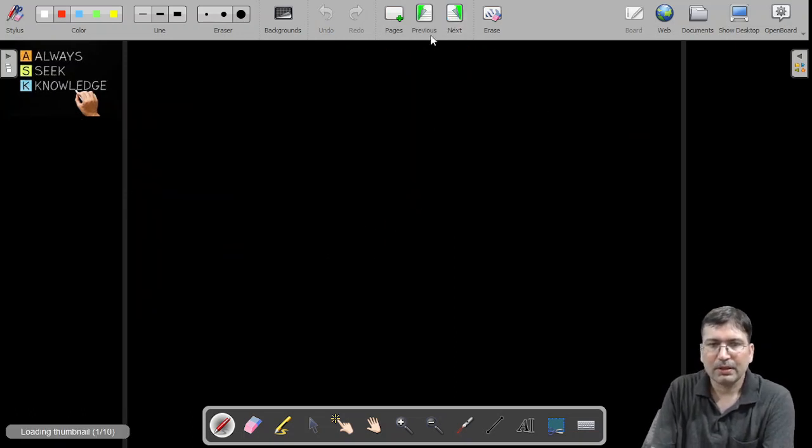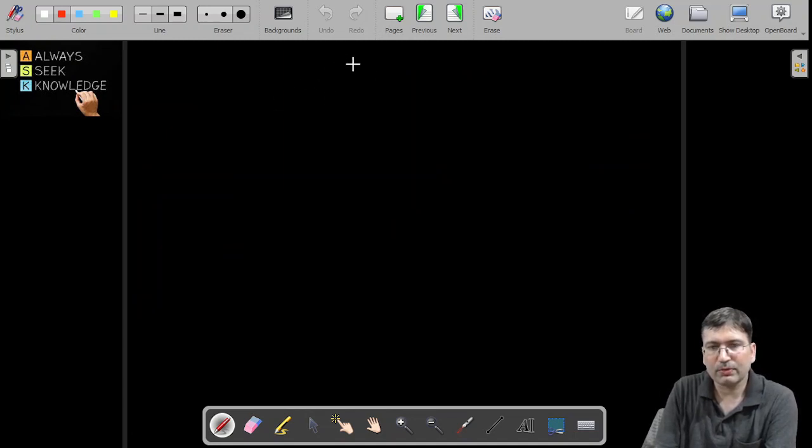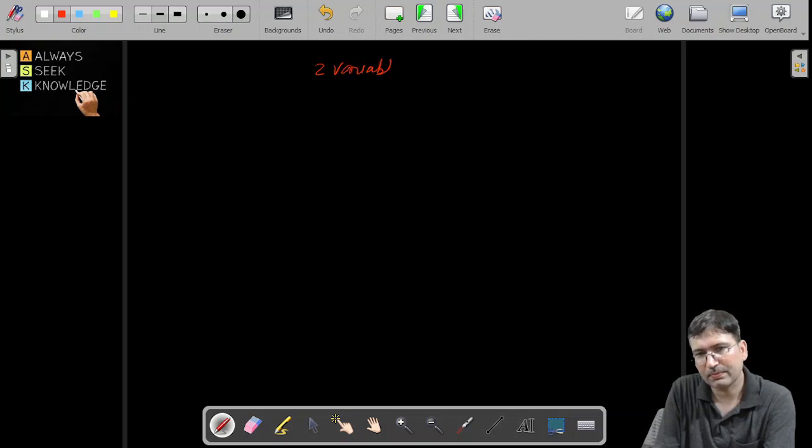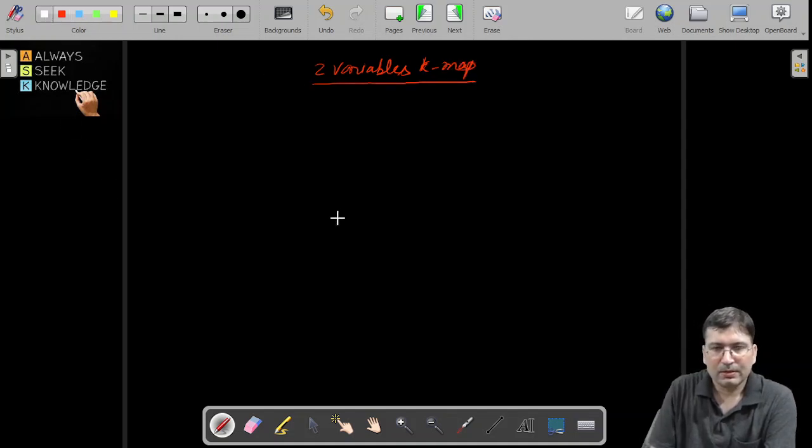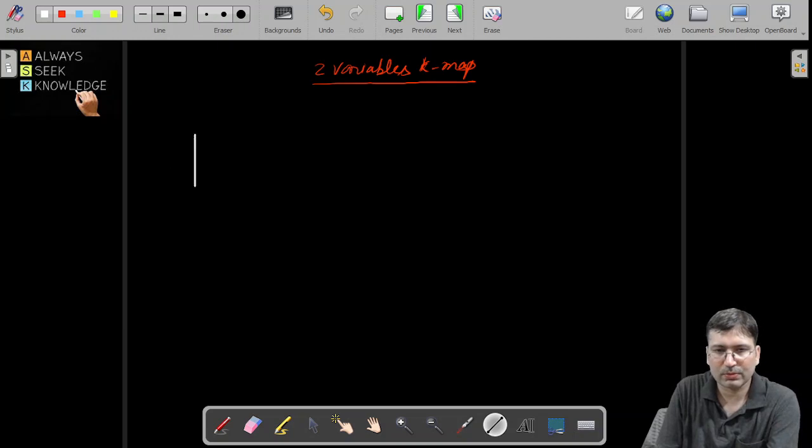Let's say if you want to draw the K-map for 2 variables. So how can we draw the K-map for 2 variables? It will have only 4 cells like this.